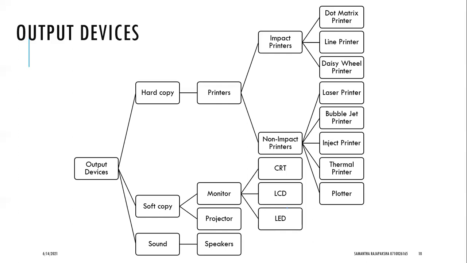Monitors, earlier we used the CRT, cathode ray tubes, very large monitors. But currently we are using LCD, liquid crystal display, and LED. So those are some of the basic introduction to output devices.